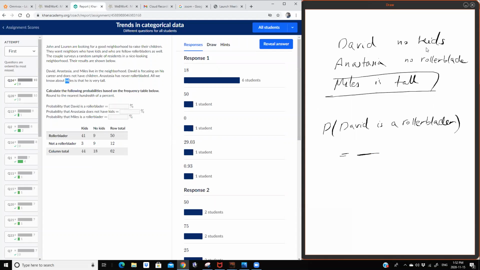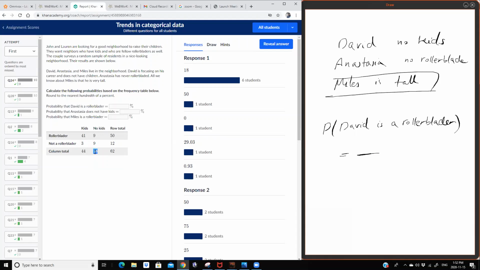We know that David has no kids. If David has no kids, he is among these 18 people. That means you can totally disregard the 44 people who have kids because David is not among them. David is among these 18 people who have no kids.